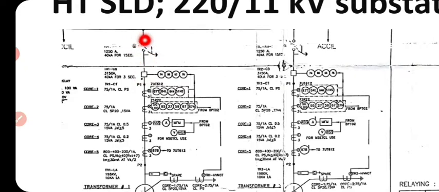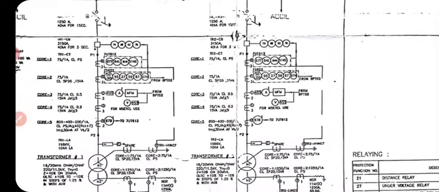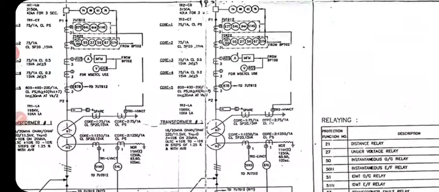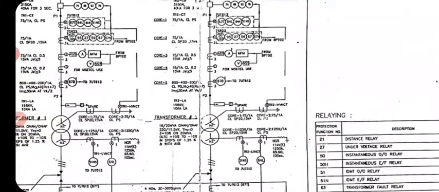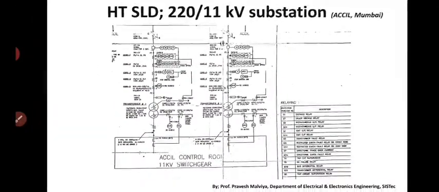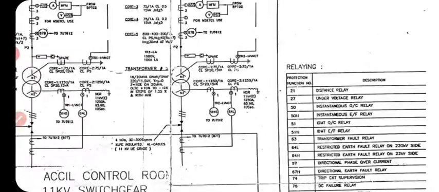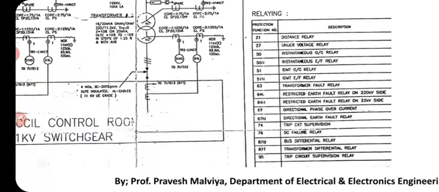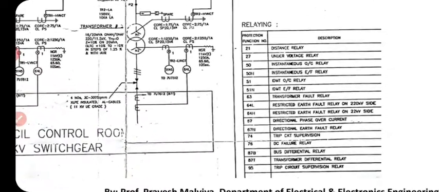That's an isolator, this is the isolator switch, and these are some numbers: 74, 63, 76, 87, 50, 51, 95, 27, 67, 57. What are these? These are not only numbers, these are the international standard numbers for various protection systems, for various relays.